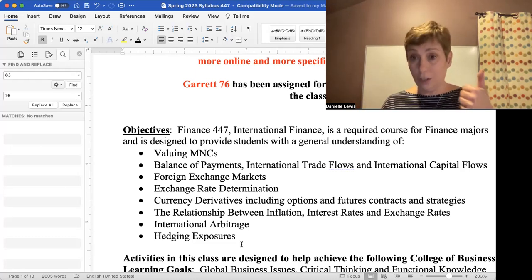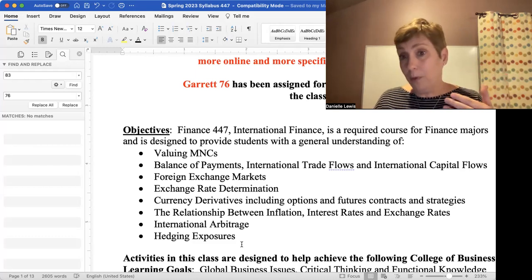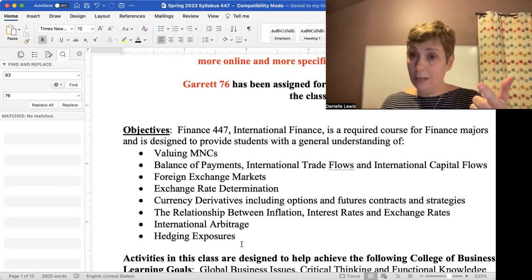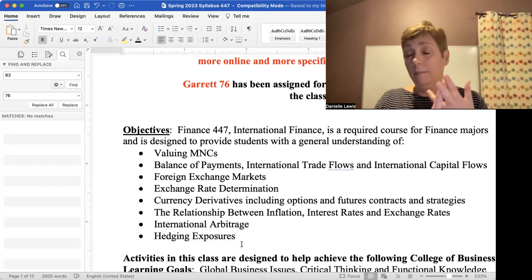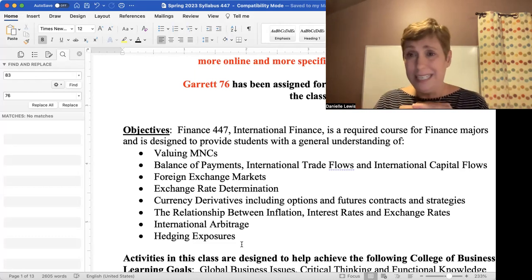Those three markets are the goods markets, our stuff; the currency markets, our exchange rates; and then our securities markets, money and capital markets, in other words. So it's tying interest rates to inflation of goods, to the currency markets. So interest rates, currency markets, and goods markets, they're all tied together.